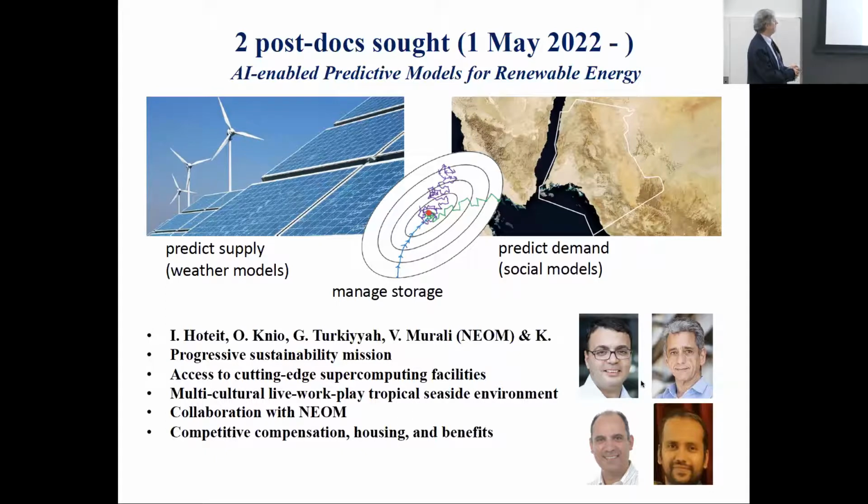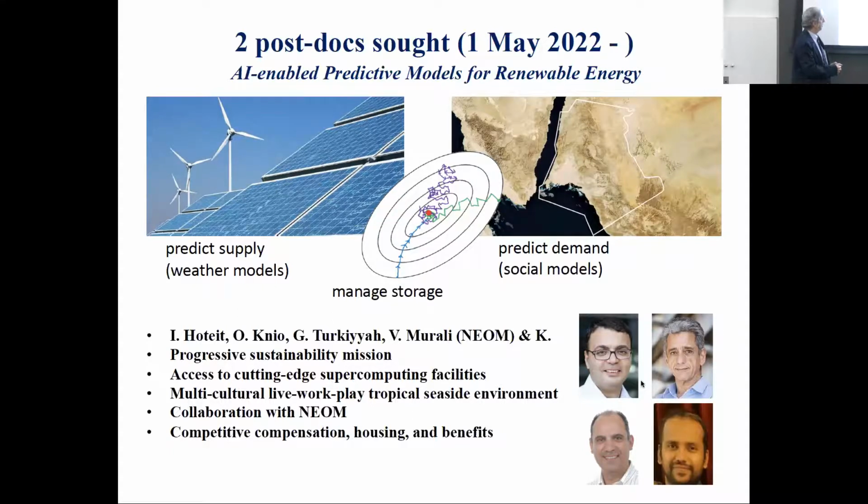But as with any renewable, there's intermittent availability, and as with any human society, there's intermittent demand. And the difference between those two can be an impediment to the world conquering our climate difficulties. So NEOM is considered like a living lab for a lot of these new technologies.